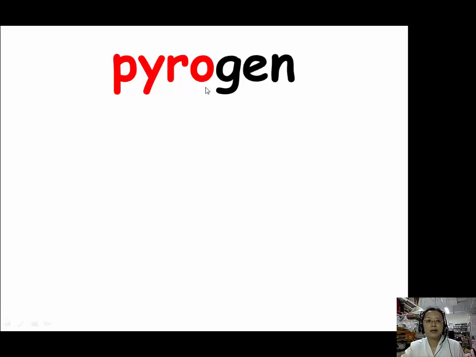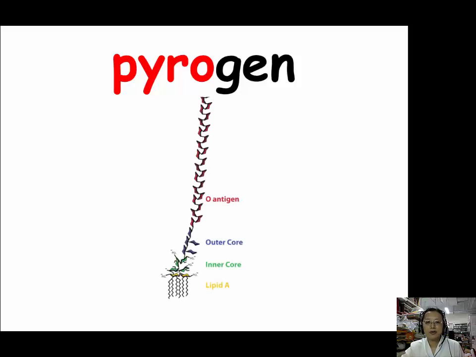And for the prefix pyro, our example is pyrogen. Pyrogen is a fever-producing substance. For example, this structure is lipopolysaccharide, abbreviated as LPS.